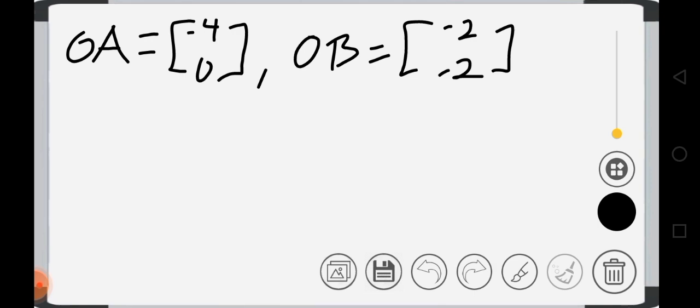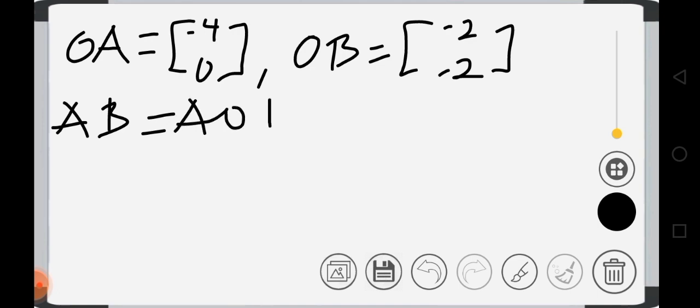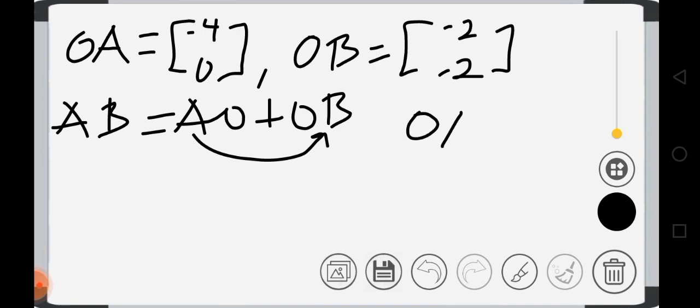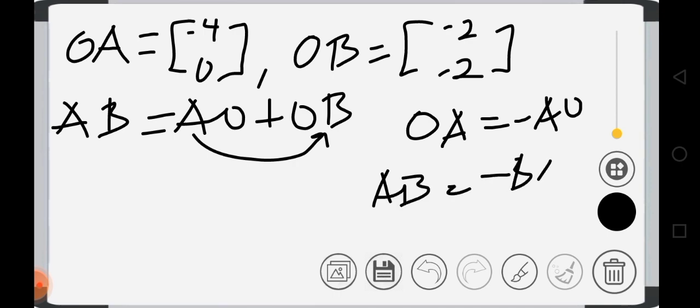Now listen, from line vectors, AB is equal to AO plus OB. And from the rules of vectors, OA is equal to minus AO, and AB is equal to minus BA.